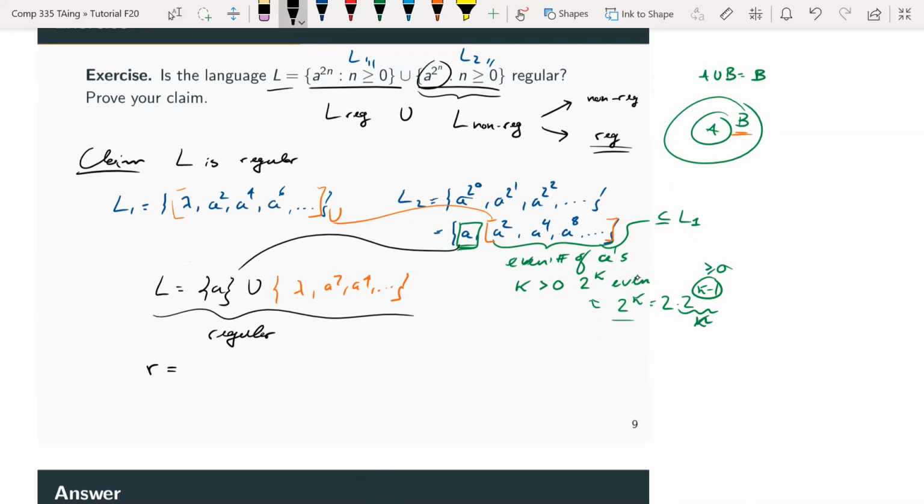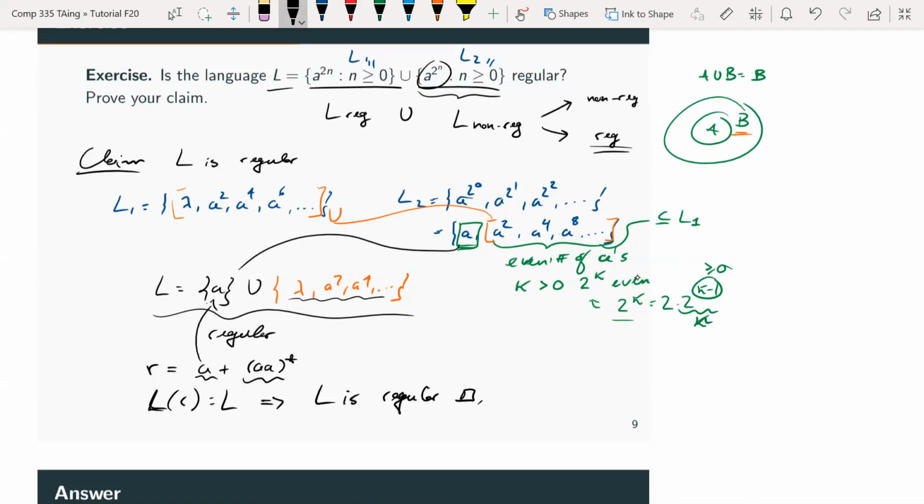If I write R, the regular expression, as A plus AA star, well, this guy is going to give me all of the strings of even length that only have A's, and this singleton here is going to give me that single A here. So I know that L of R is equal to L, and because R is a regular expression, that implies that L is regular.